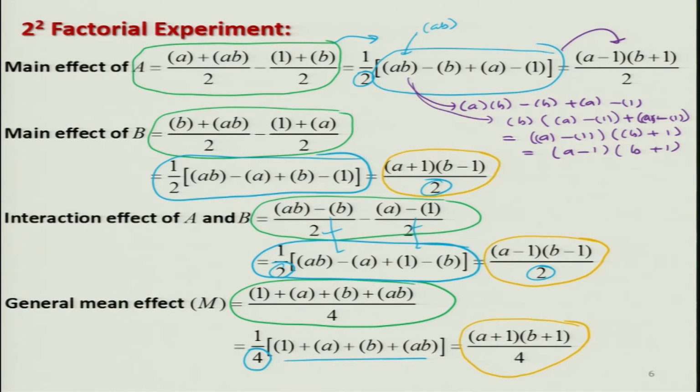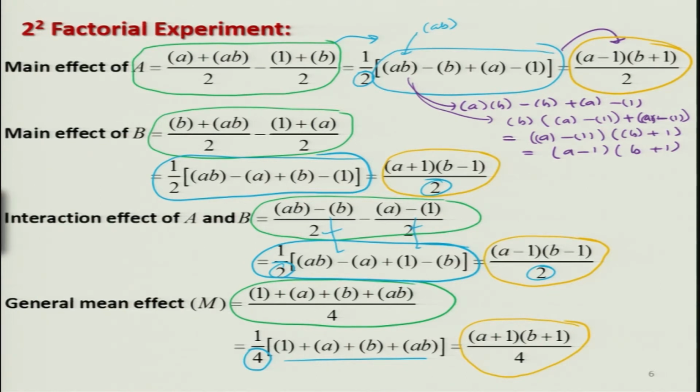Now, at this moment, I request you to use some common sense and try to see the structure. Try to compare these 4 expressions which I have highlighted in orange color, and try to see how I am going to proceed further.